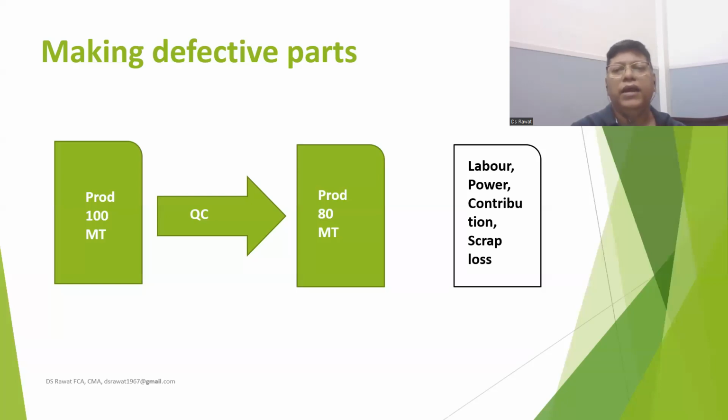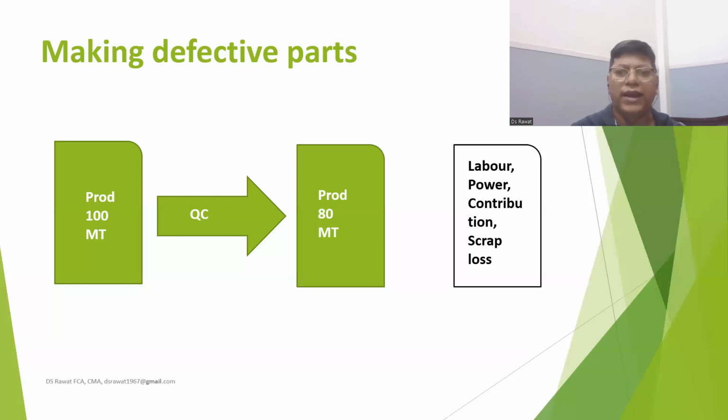Then it will be 20 rupees waste cost, less the cost of the recovery. Because if this material is sold, then we will get something. And if we get around 10 rupees, then this waste cost is 10 rupees. This is one of the approach.